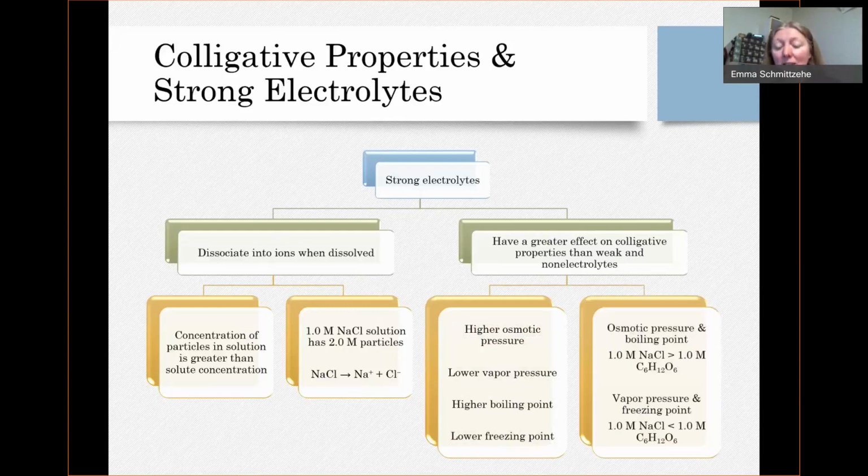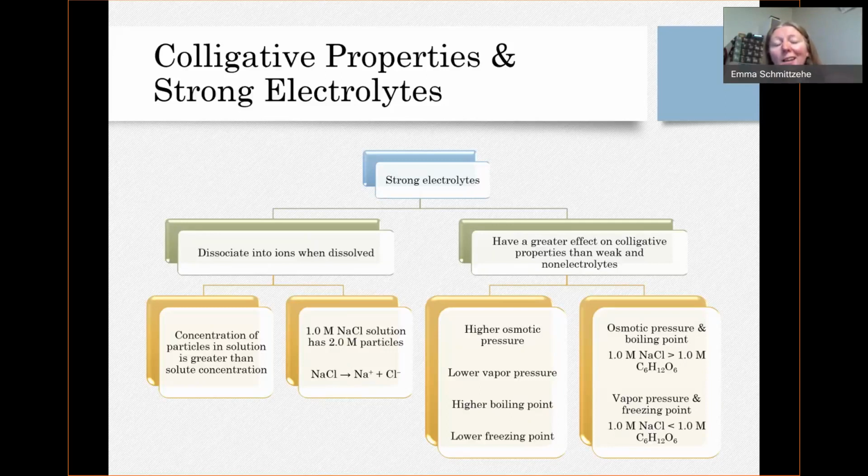So for instance, if we wanted to compare the strong electrolyte sodium chloride to the non-electrolyte glucose, if you had a 1 molar solution of each, the sodium chloride really breaks up into 2 particles, so you really have a 2 molar solution versus a 1 molar.